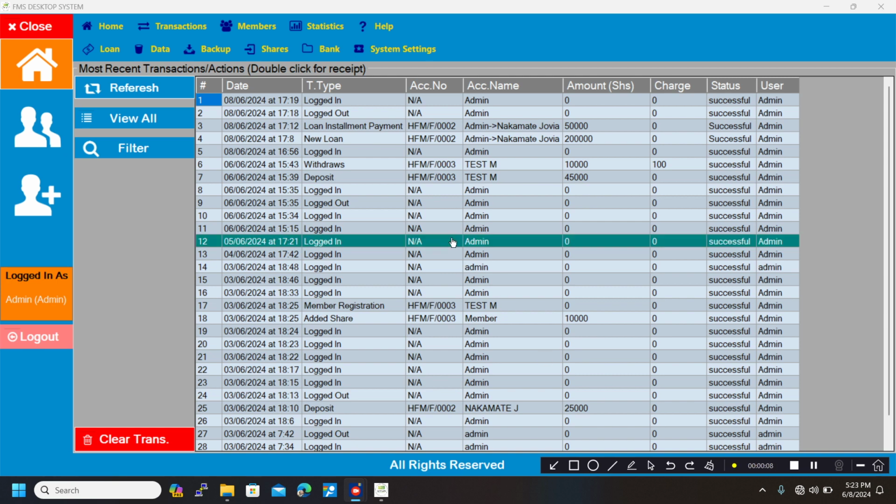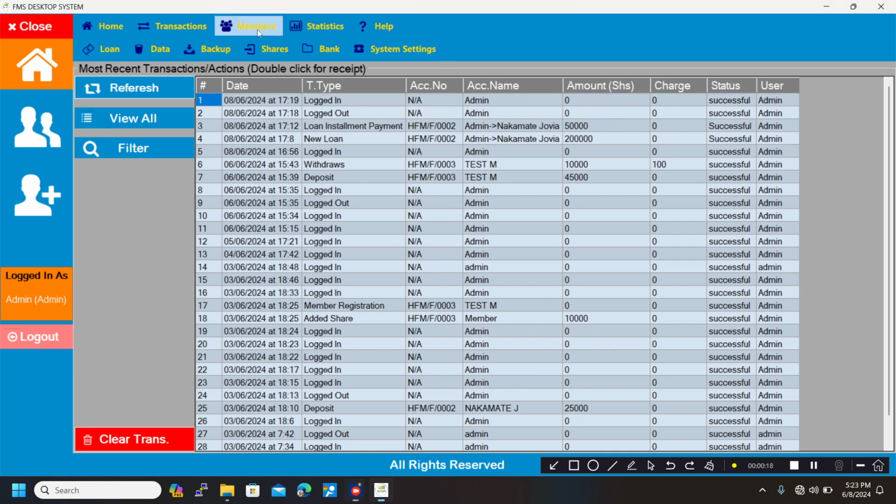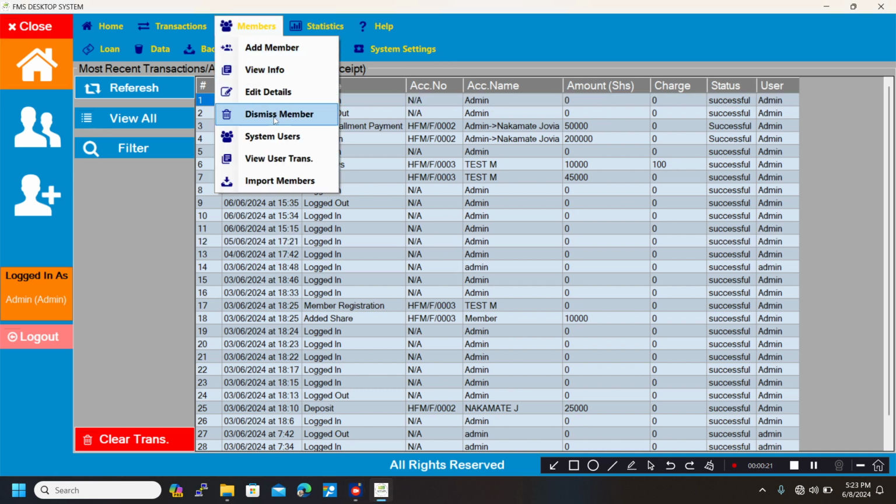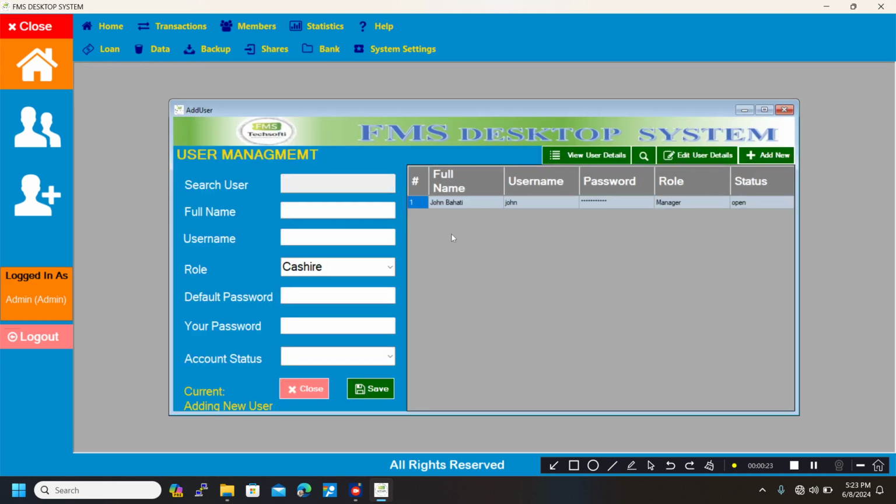Let us look at user management, manager management in our finance management system, which is a desktop version. Users are under members, and once you click on system users, we have one system user which we registered.